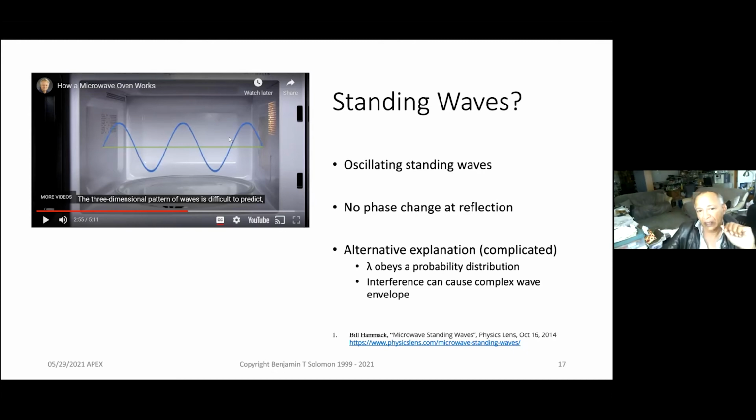So technically it's not a standing wave, it's an oscillating standing wave, and that's how you get microwaves warming up the water. And then you can look at a more complicated discussion, because the microwave won't produce exactly the same wavelength. There's a probability distribution around it, so you get interference patterns coming through, and that could be another explanation.